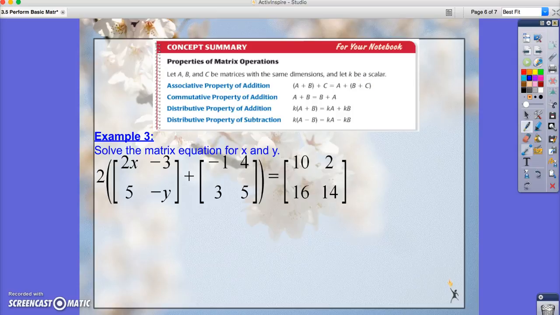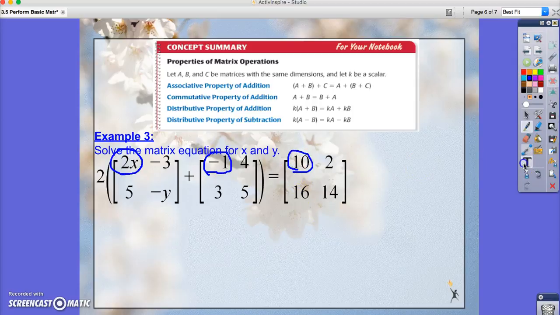All right, so for the last example here, solve a matrix equation for x and y. Let's first take a look. I'm going to change the matrix into an actual equation. So let's circle where the x is. 2x is here, right? Top left. What I want you to do is circle the top left of everything.